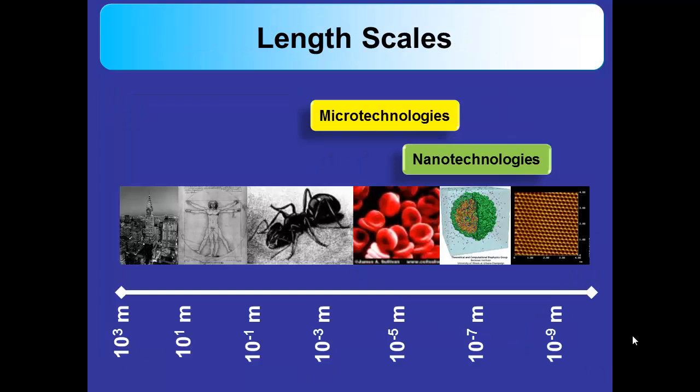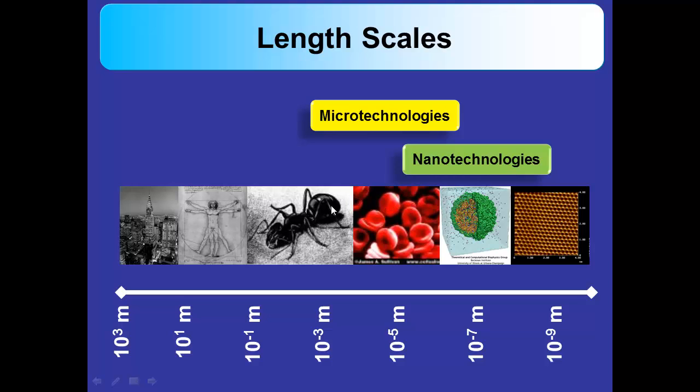So just to give you an idea of the size range of these technologies, I have this little graph that takes us from the macro world, where we have buildings and people that are in the meters to tens and even hundreds of meters in dimension, down into the micro and the nano world.